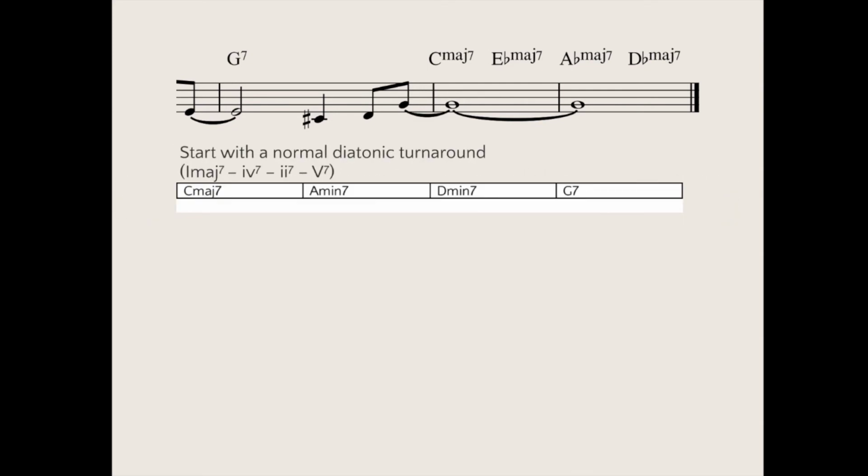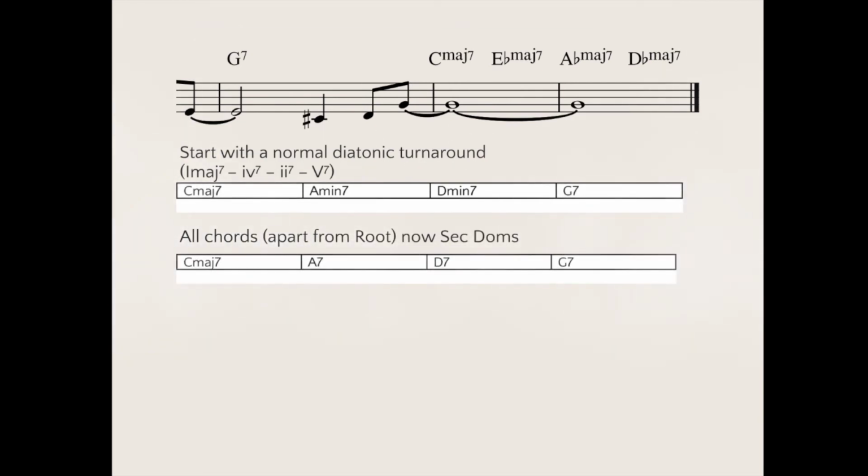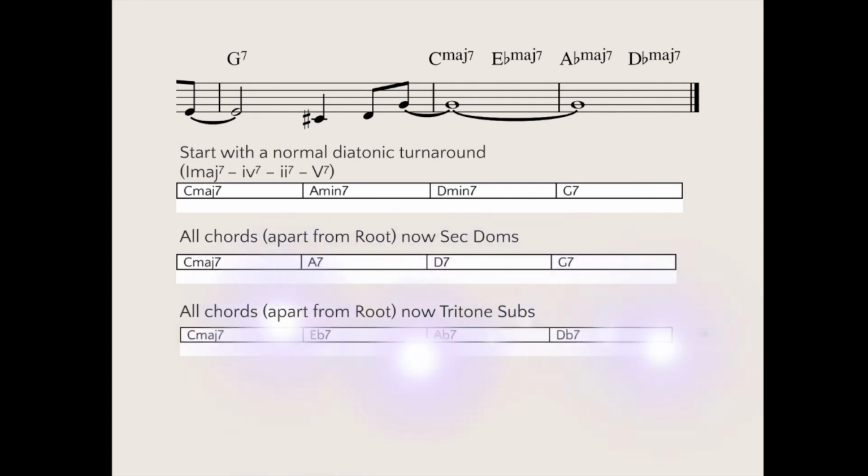A normal turnaround would be this. After making all the chords, apart from the root, secondary dominants, you have this. See how they all become dominants, 5 of 5s. And then, with all the chords, you then make them all tritone substitutions, apart from the root.